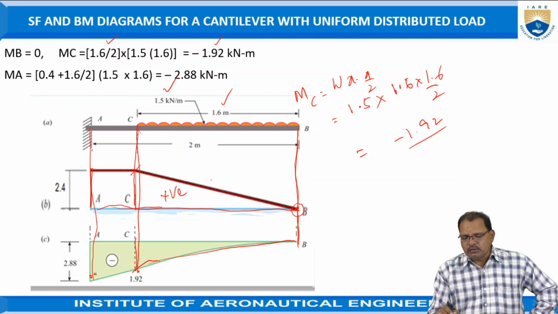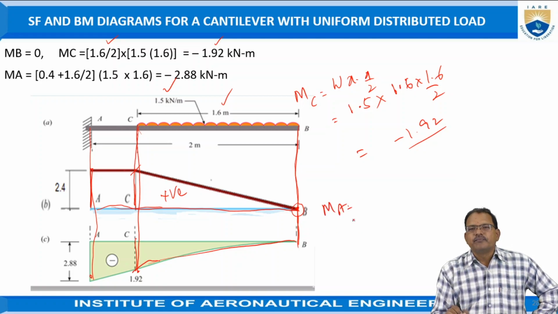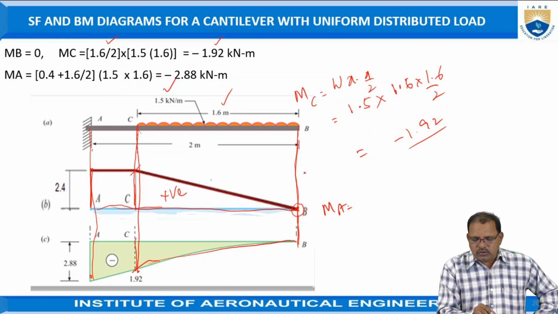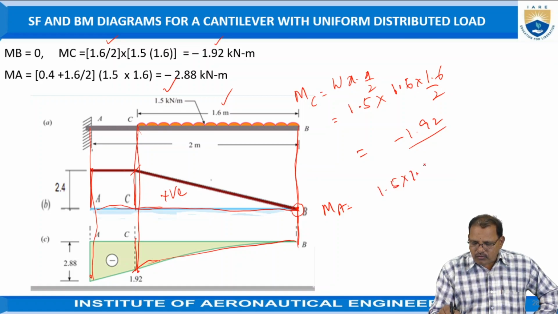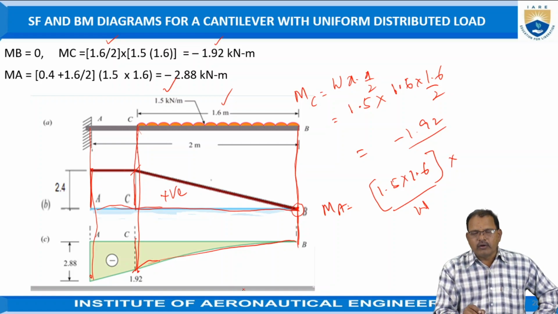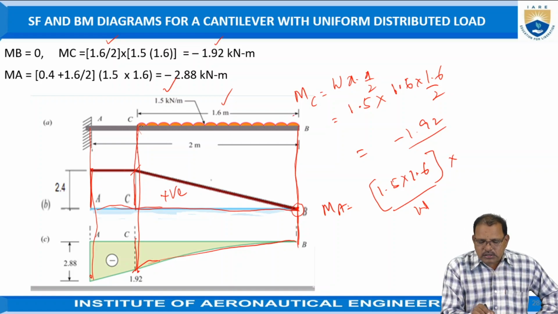At A position now, that is the bending moment at A is equal to force into distance is required. That is at A, the total force is 1.5 into 1.6. This is the total load, that is W into length is required now. Where is it acting? It is just in the middle of AC. The load is acting at this position, that is the distance is equal to 0.8.